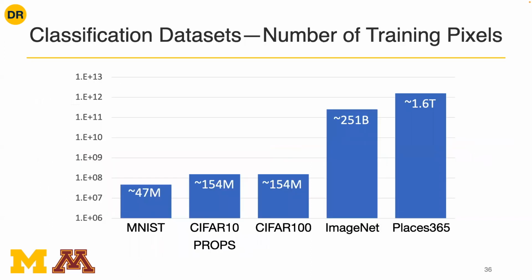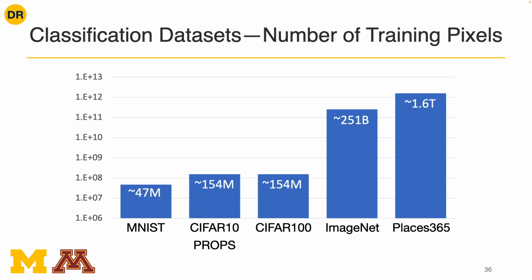In terms of overall size, to get a sense of the size of these datasets, we could ask how many training pixels in total each one has. The y-axis here is on a log scale, so every bump up is an order of magnitude increase. You can see that from MNIST up to CIFAR-10, CIFAR-100, and the PROPS dataset, there's almost an order of magnitude increase. And then moving to ImageNet, there's a two order of magnitude increase in the total number of pixels that we can use to train.